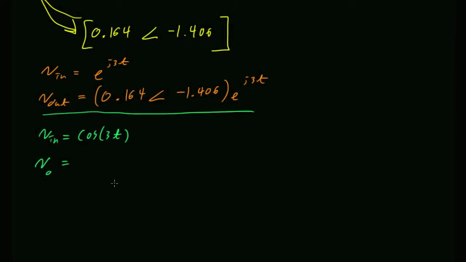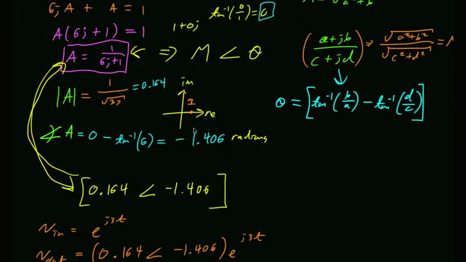Going back to the solution. Yes, we got 0 from 0 minus tan inverse 6. Where does 0 come from here? The 0 is the phase angle of the numerator. See how there's a 1 up there? That 1 has a phase. You can think of 1 as a complex number, right? 1 is really the complex number 1 plus 0j. And it's got a phase angle, and that phase angle is 0. Okay. You can't ignore that. You will get the wrong answer if you ignore that.